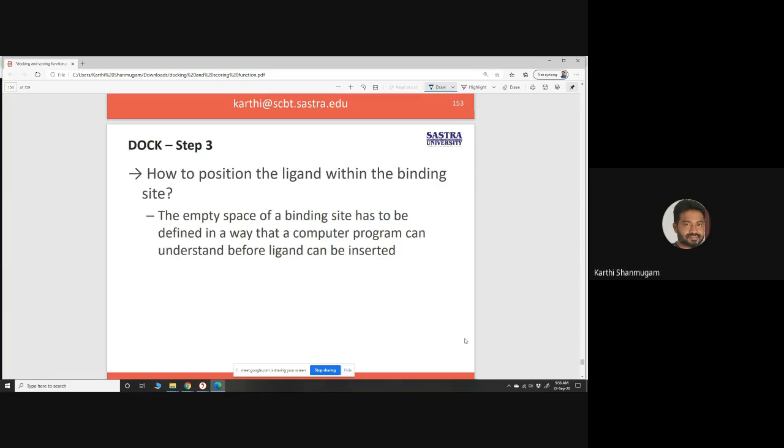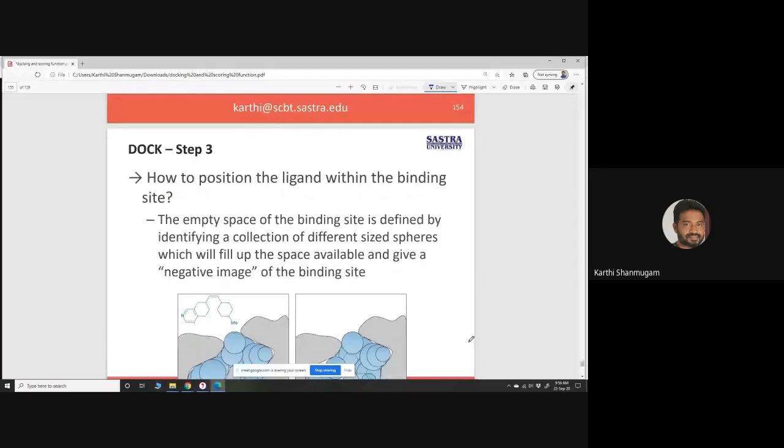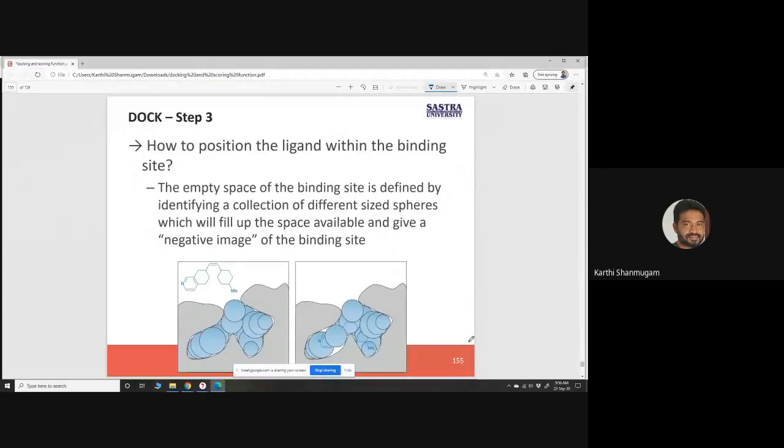As a human, we can easily understand that this is the area where we have the binding pocket. But we have to train the computer in a meaningful way so that it also understands that this is the place where the binding site is present and where the ligand should be kept. So how did they normally do it in the UCSF DOCK algorithm? It is very simple.